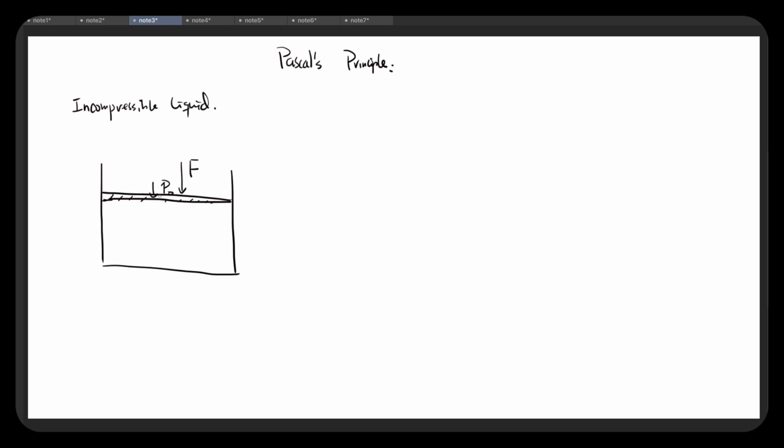So now the pressure on the liquid surface is increased by this amount, F divided by the area A. That's delta P equals F over A on the surface. So in addition to P naught, we have P naught plus F over A, the new pressure on the surface.